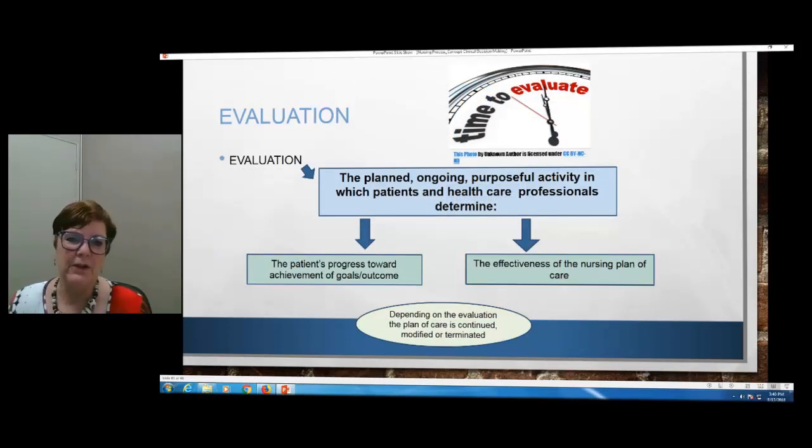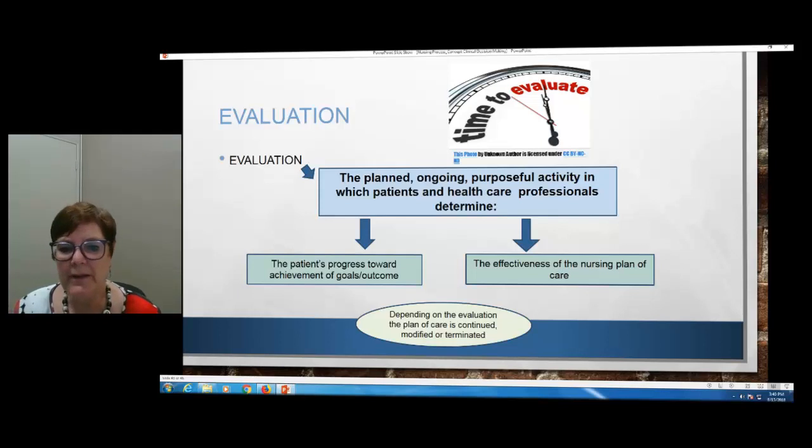Okay, with evaluation, we have the planned, ongoing, purposeful activity in which patients and healthcare professionals determine the patient's progress toward achievement of goals or the outcome or the effectiveness of the nursing plan of care.